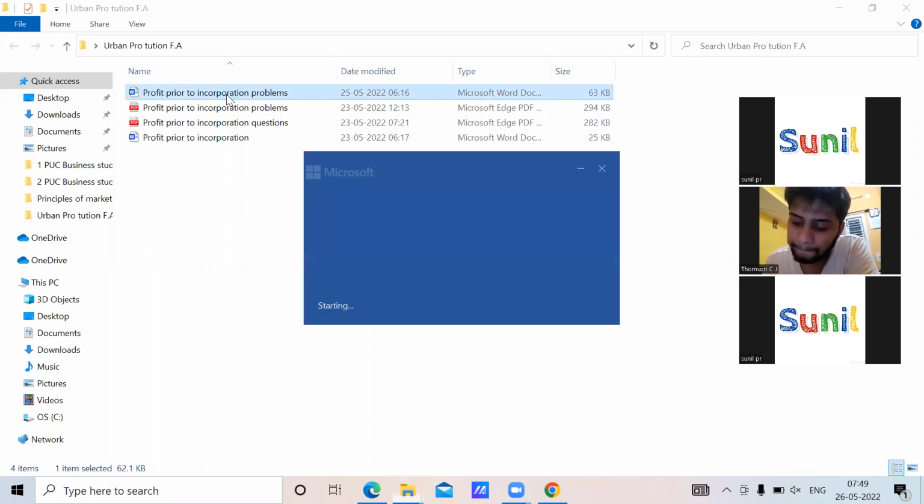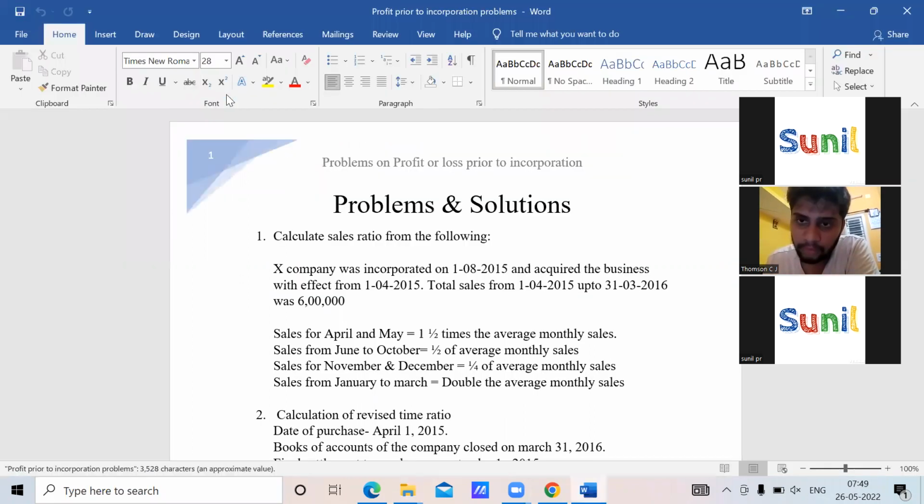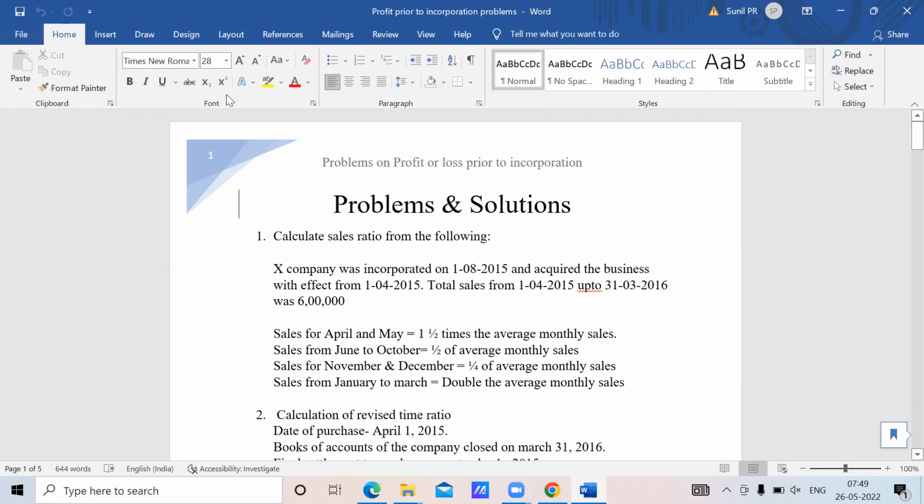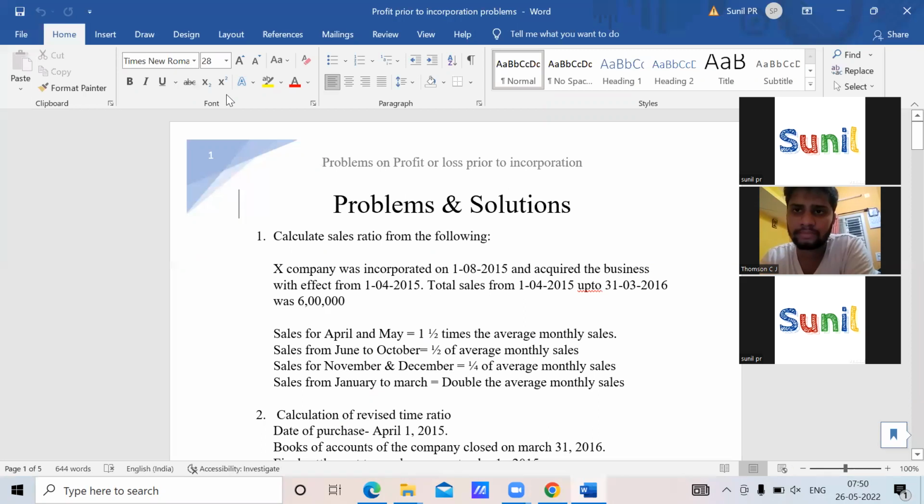Pre-incorporation is 3 and post-incorporation is 9. The company was registered on 1/7, and the business was purchased from April. So you need to consider April, May, June. Do not take July, because on July 1st it was incorporated. So 3 months is the pre-incorporation period, and the post-incorporation period is 9 months.